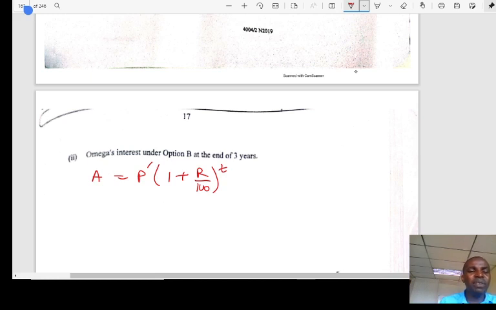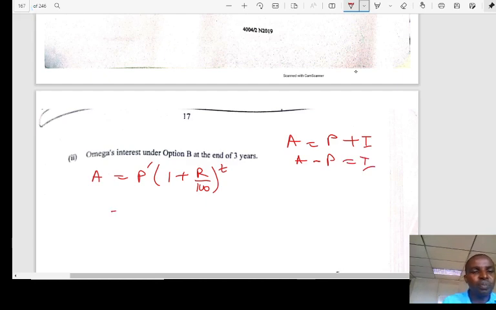Then A is the accumulated amount at the end of a certain period. So first let's calculate the amount, then find the interest. To get the total amount, you say principal plus interest, so to get the interest, you say amount minus principal. If you can find the amount, then you subtract the principal, you get your interest.